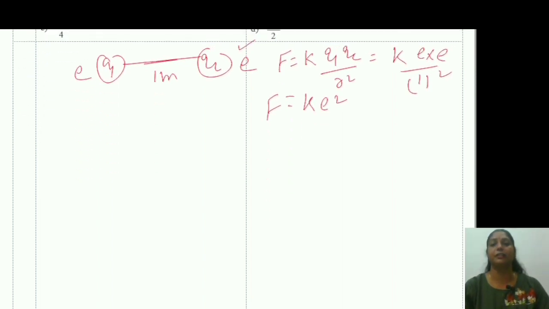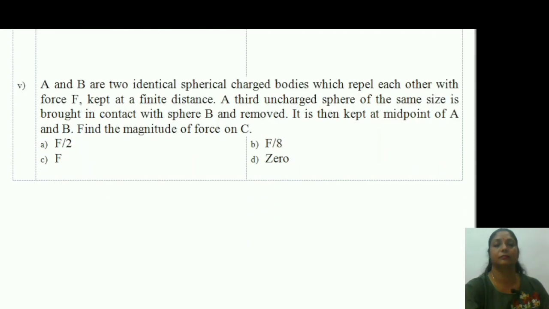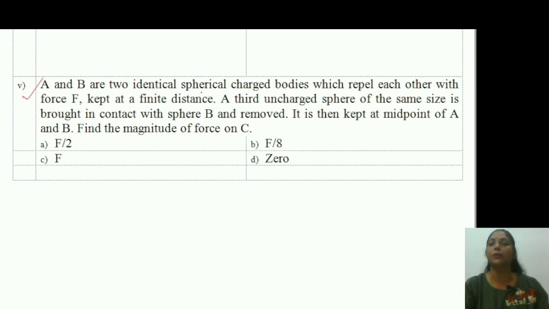Now after this, one more question, question number 5. A and B are two identical spherical charged bodies which repel each other with force F. There are two identical charged bodies, A and B, and both exert force on each other.